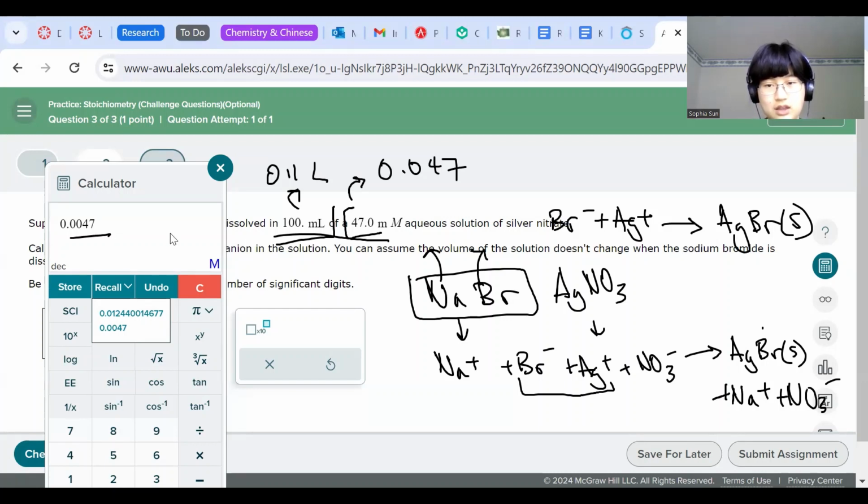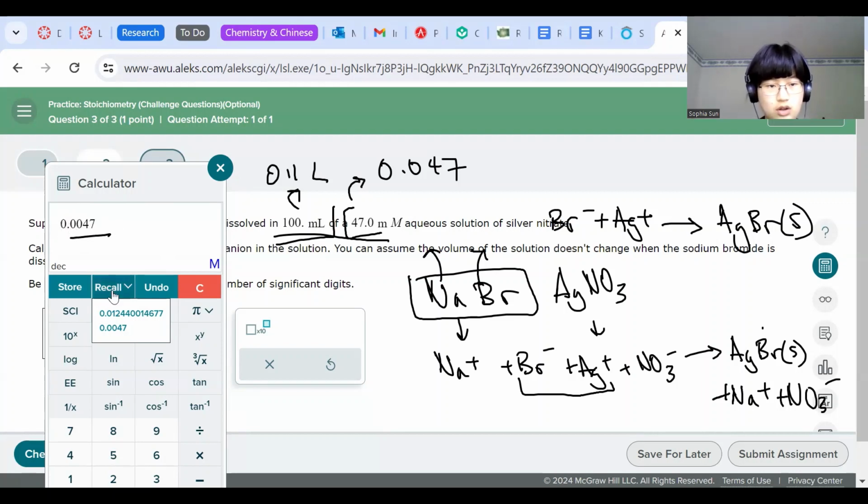That means the amount of silver bromide formed is exactly equal to the amount of the silver ion. Therefore, the amount of bromide anion consumed by this reaction will be exactly equal to the amount of silver.